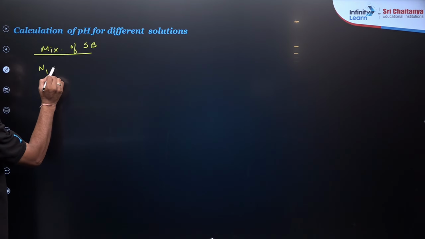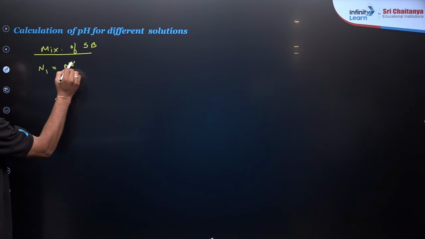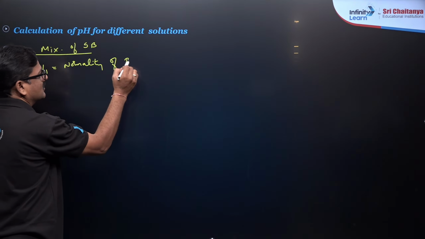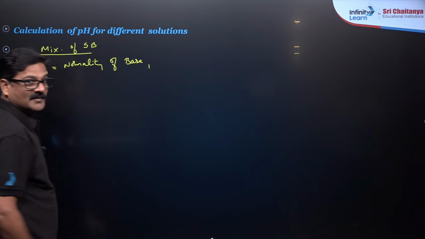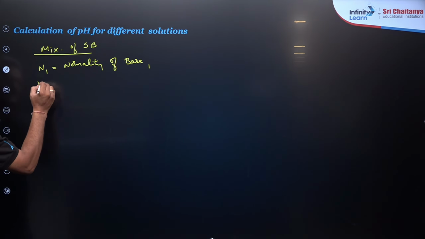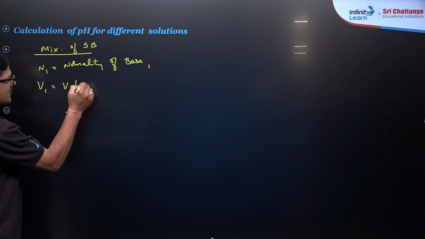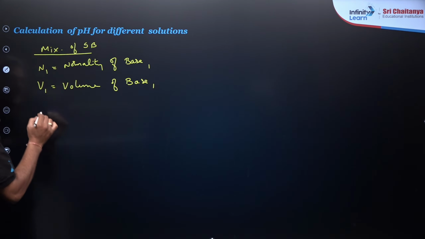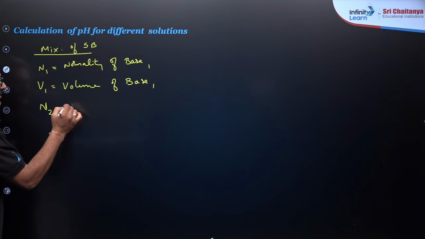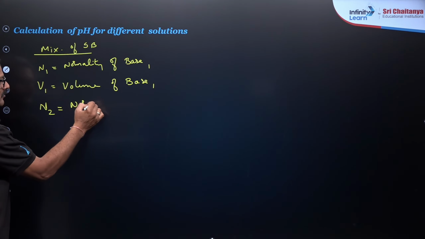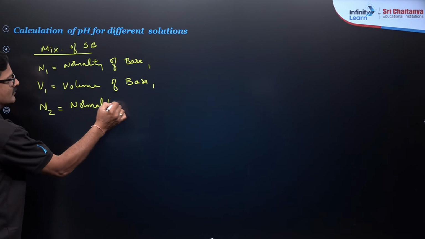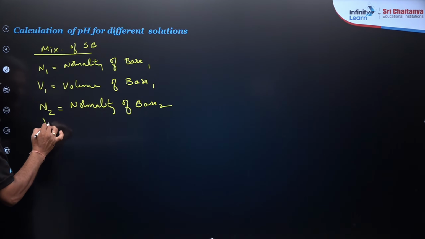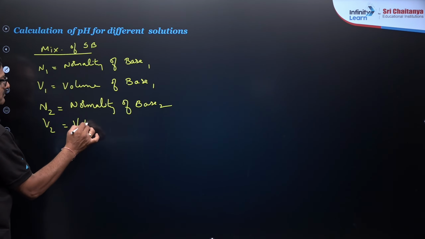N1 is the normality of base 1, and V1 is the volume of base 1, and N2 is the normality of base 2, and V2 is the volume of base 2.